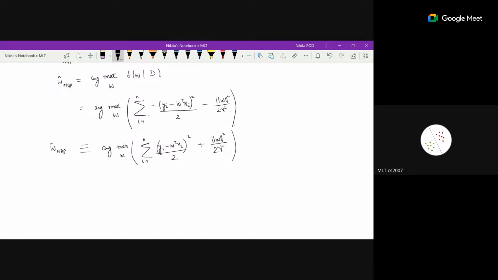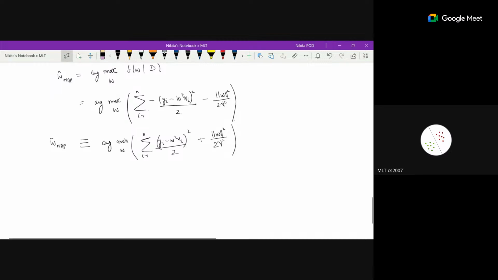Now, how can you find the W which minimizes this term? So basically this is my objective, right?